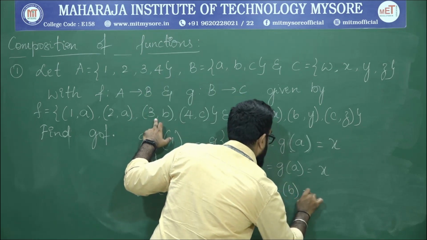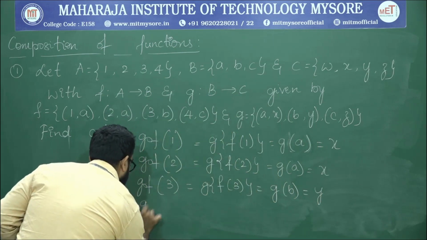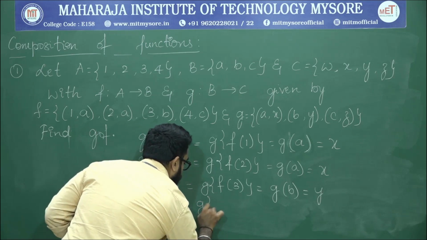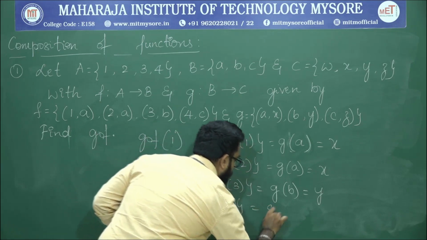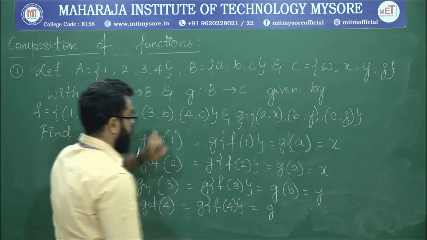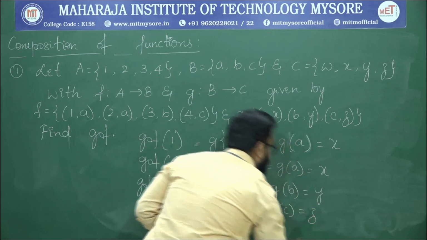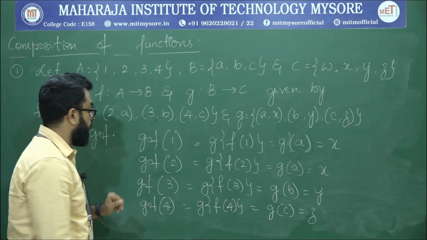So g of b, what is g of b? It is y. GOF of 4, that is g of f of 4, that is equal to what by the definition of f? It is c. g of c is equal to z. Clear? We have the respective mappings under the function GOF.